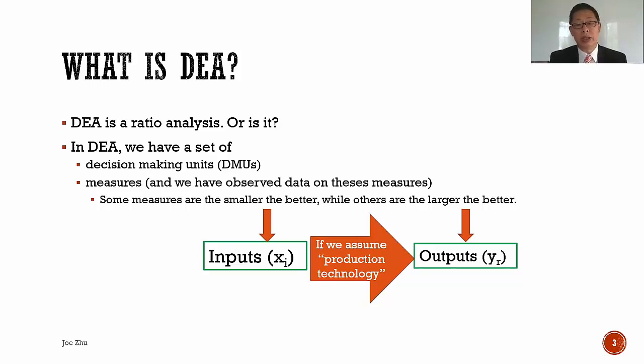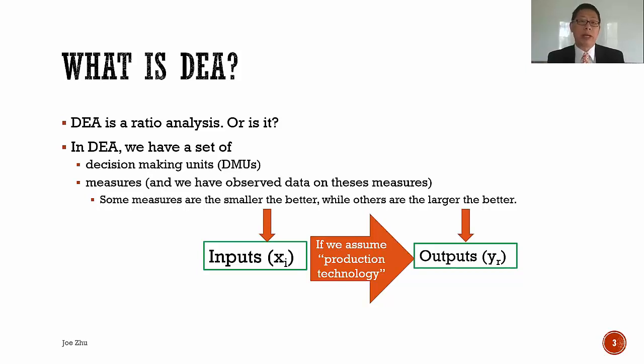So now in DEA I usually use the symbol X for inputs and Y for outputs. However, we know that these are not decision variables as in a mathematical model. These are observations. So you observe a set of DMUs, and then you have a set of measures. So you have data over time or across different units.